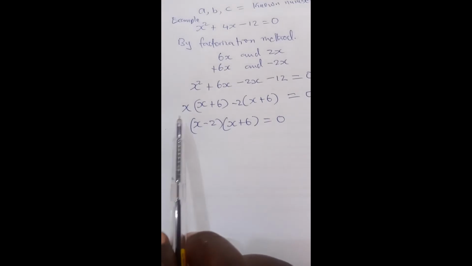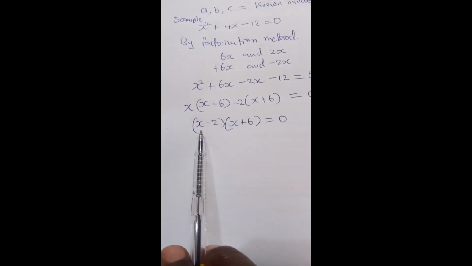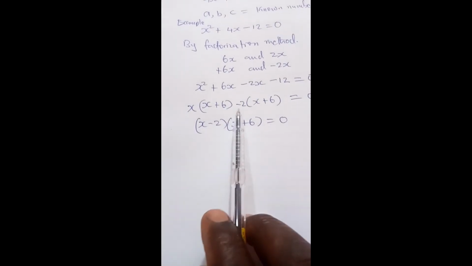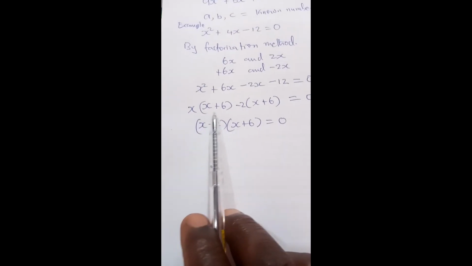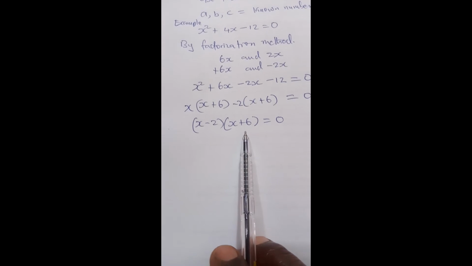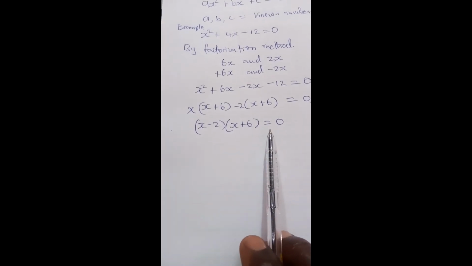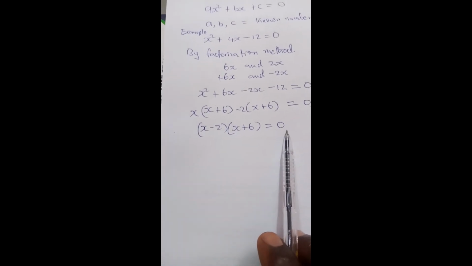Just like this, x was used for this one, and this negative 2 is this. Either of these 2 brackets was picked to represent the 2 of them, which gives us this, and this is simply equal to 0.